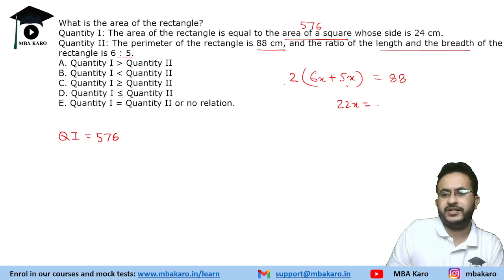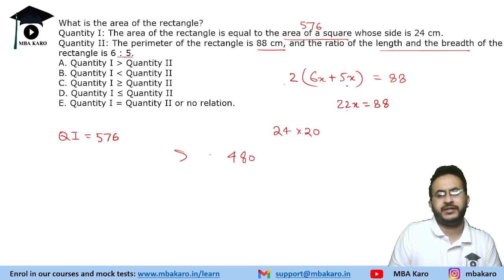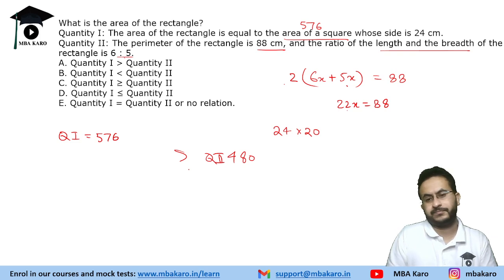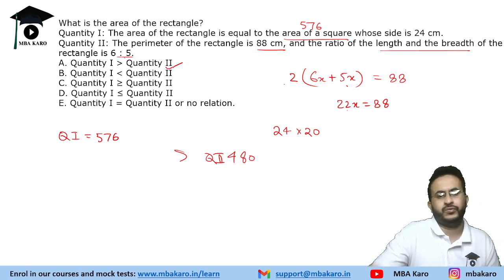So we have x is equal to 4, right? So this is 24 and the value is 20. So obviously this is 480. So quantity 1 is greater than quantity 2.